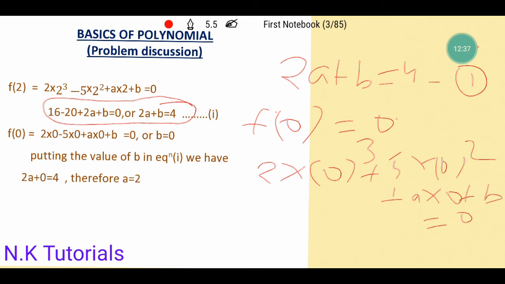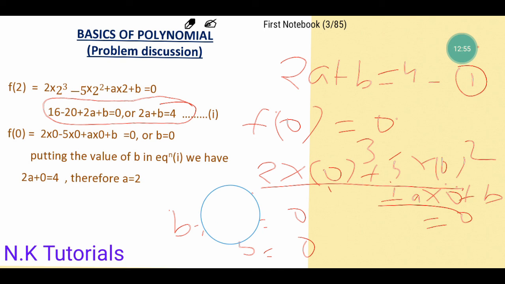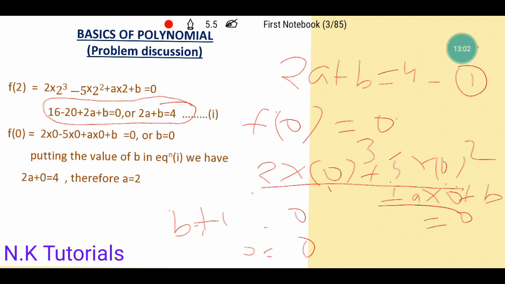So this whole thing will become 0. You got 2 into 0 is 0, plus 5 into 0 is 0. So this whole thing will be 0, means b plus 0 is equal to 0. So b is equal to 0.